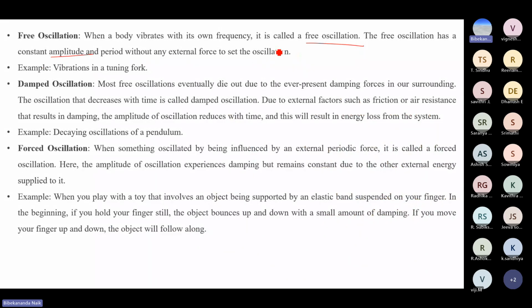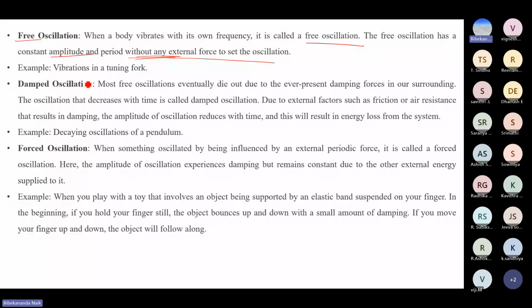So if a body is oscillating in such a way that its amplitude remains constant and its time period or frequency is also constant, without any external force, here free means no force is applied, then we can say that this is free oscillation.